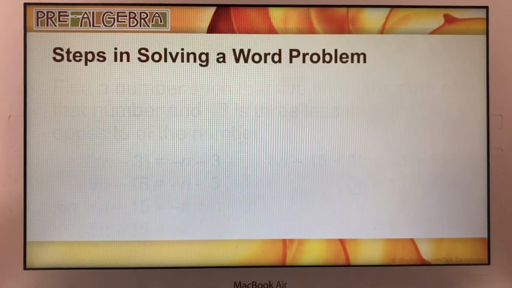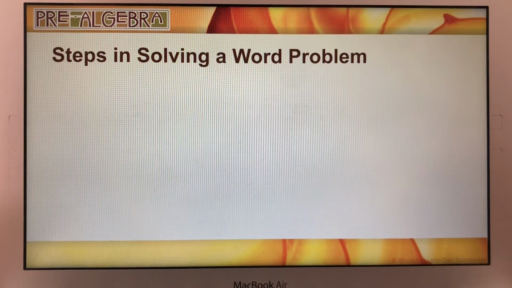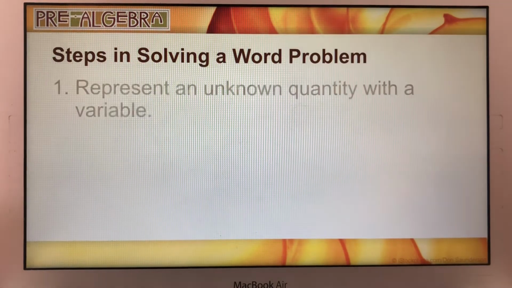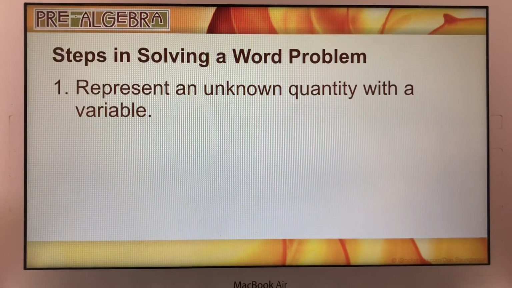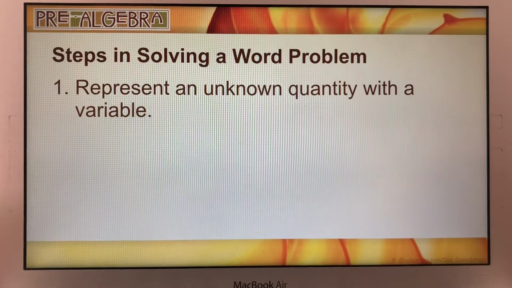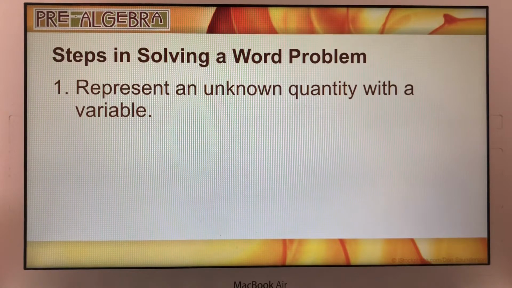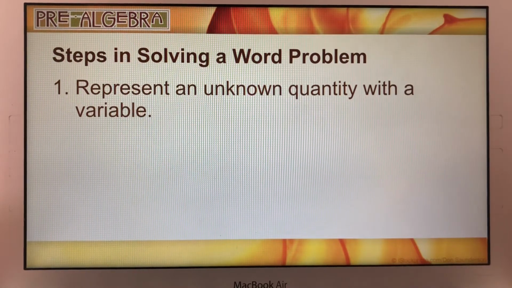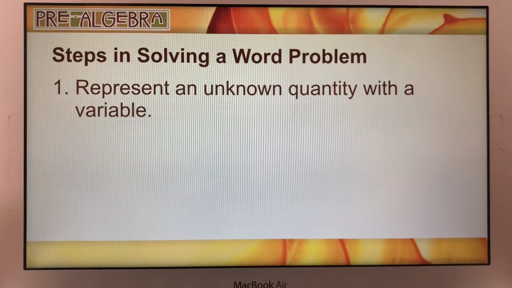All right, for our next, let's go over the steps in solving a word problem here. Okay, so represent an unknown quantity with a variable. So in other words, define your variable. x equals, or n equals, or k equals something. What are you looking for in the problem? That's what your variable is going to be.